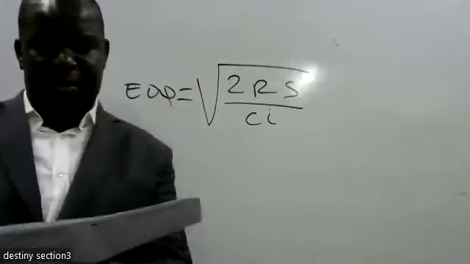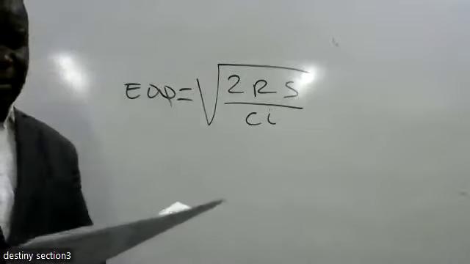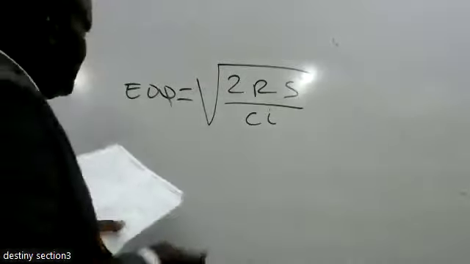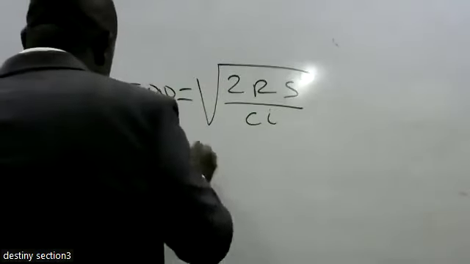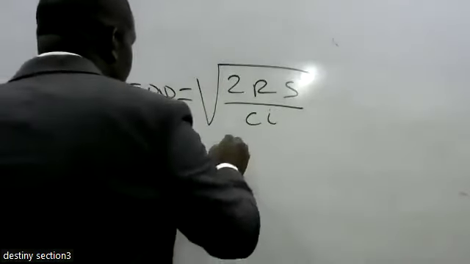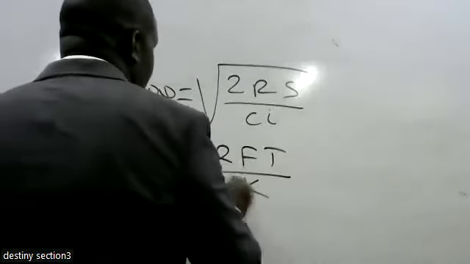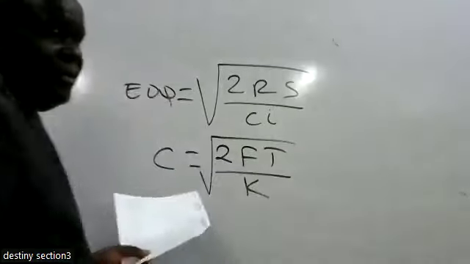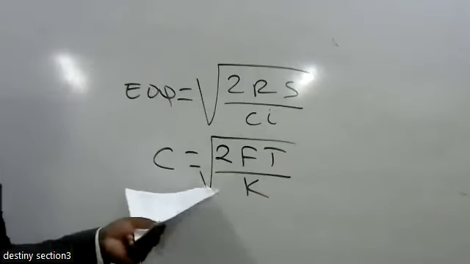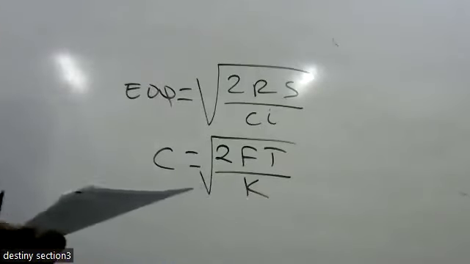While the Baumol model of the cash management is expressed as follows. C should be equal to the square root of 2FT divided by K. You can write that this is the Baumol cash management model.